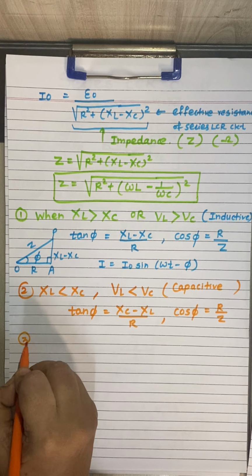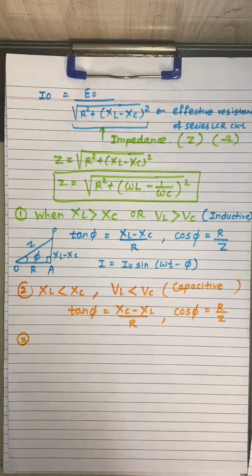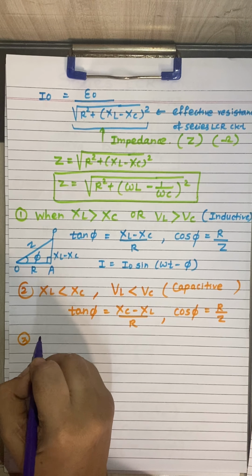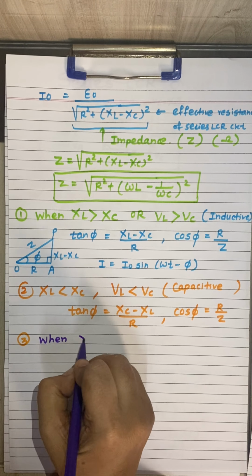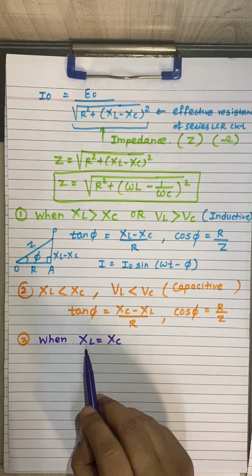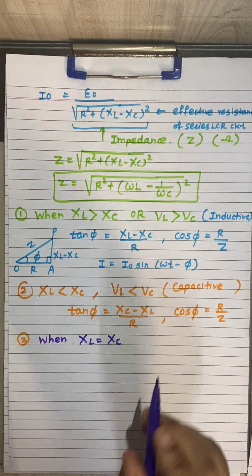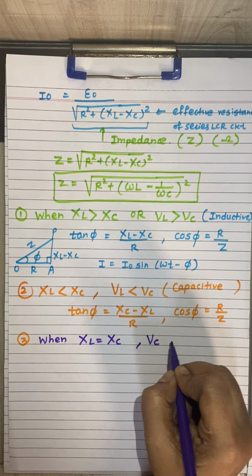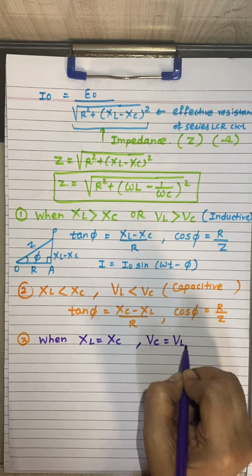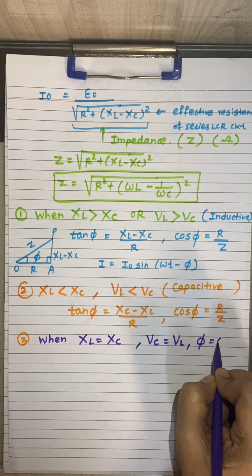The third case is a very important point, and it is going to be important for resonance also. When XL is equal to XC, the inductive reactance and the capacitive reactance have equal value, which means the voltage across the capacitor is equal to the voltage across the inductor, and obviously phi is equal to 0.